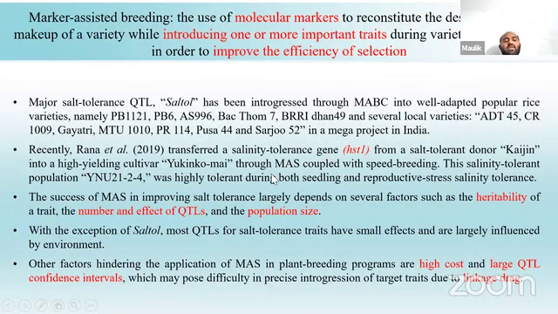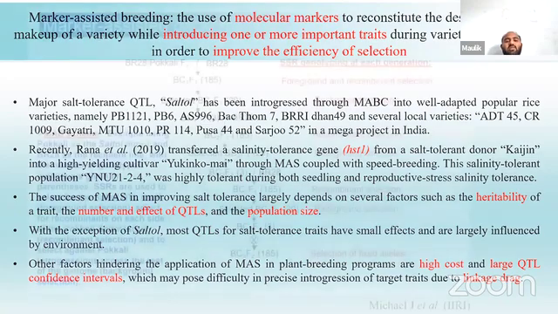Pusa Basmati 1121, PB6 and AS996 were all developed using marker assisted selection to develop salinity tolerant varieties.